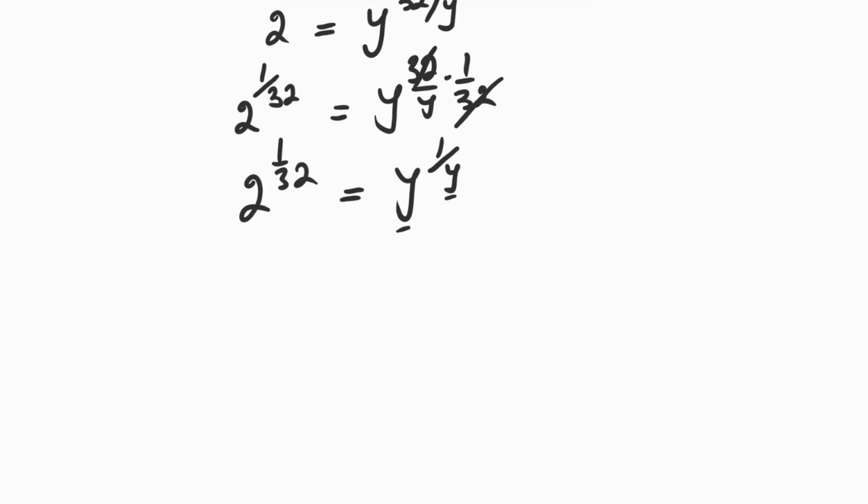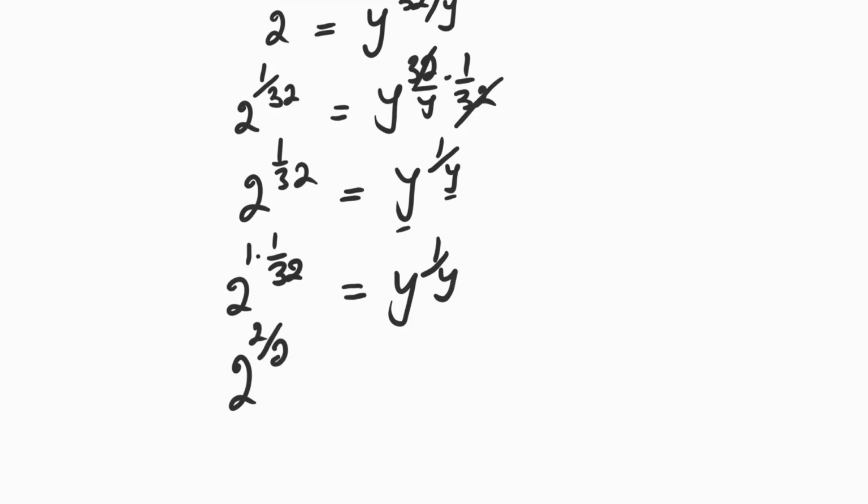So we know that this is the same thing as 1 times 1 over 32. And 1 is the same thing as 2 over 2, right? Because this hasn't changed anything at all. 2 over 2 is the same thing as 1. 1 times 1 over 32 is still 1 over 32.